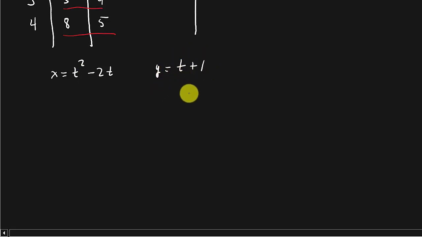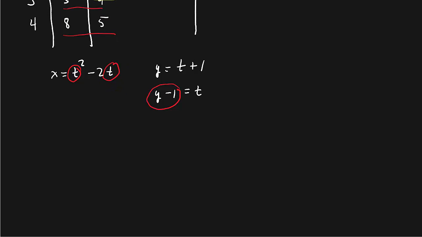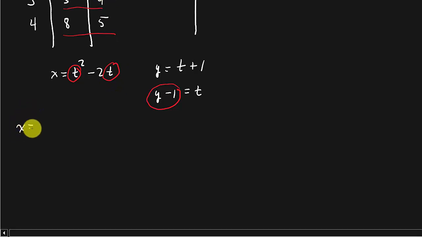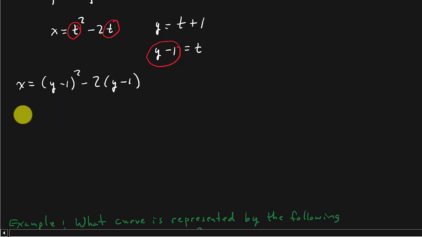So if I solve this for t, I get t equals y minus 1. And I can take this y minus 1 and plug it in for t. And so that's going to give me x equals (y minus 1) squared minus 2 times (y minus 1).